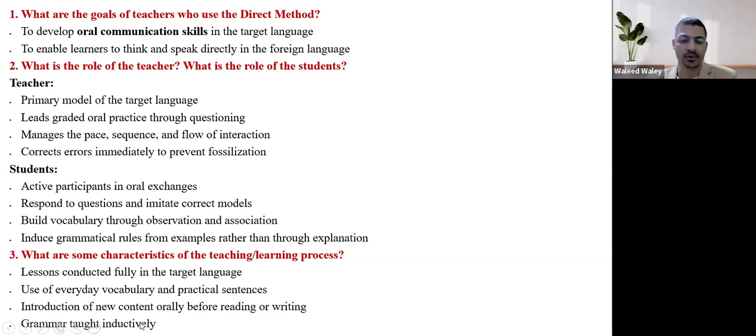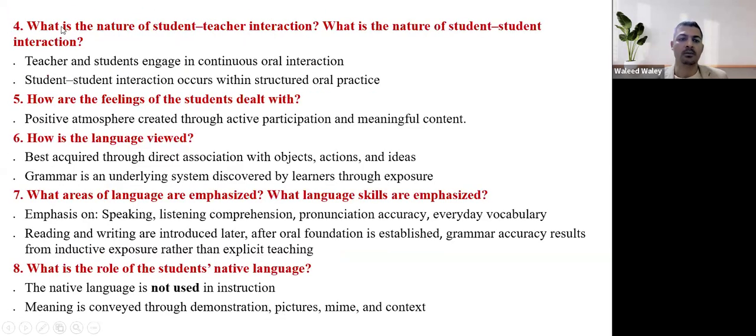And here the grammar is taught inductively. So you can mention how the new words were taught, and how the grammatical rule was taught, and so on. Number 4, what is the nature of the student interaction?